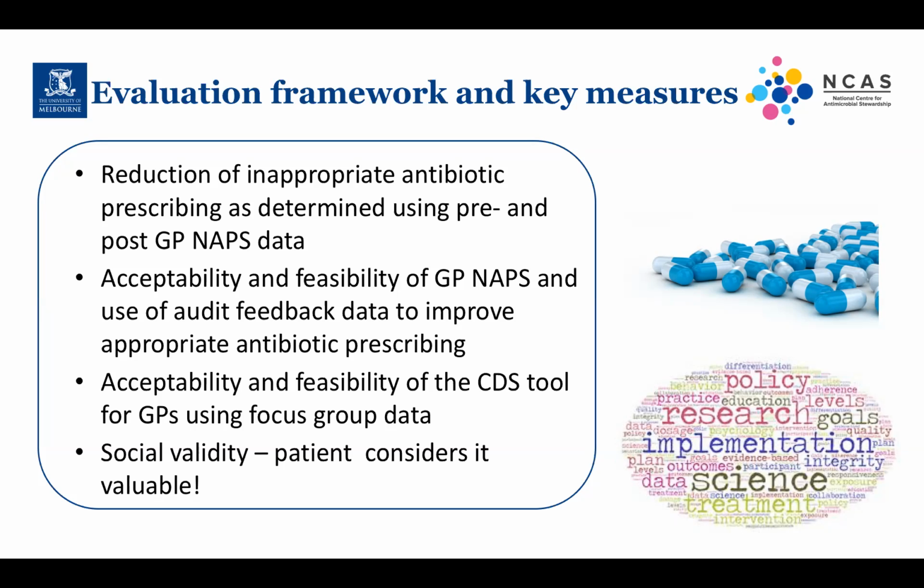We can also determine the acceptability and feasibility of GP NAPS using the audit feedback data, and improve appropriate antibiotic prescribing. And certainly with the PHN's help in the quality improvement program, we can do that. We can also assess the acceptability and feasibility of the CDS tool, with this TG button on the side to help GPs with their workflow. And so we can collect some GP focus group data.